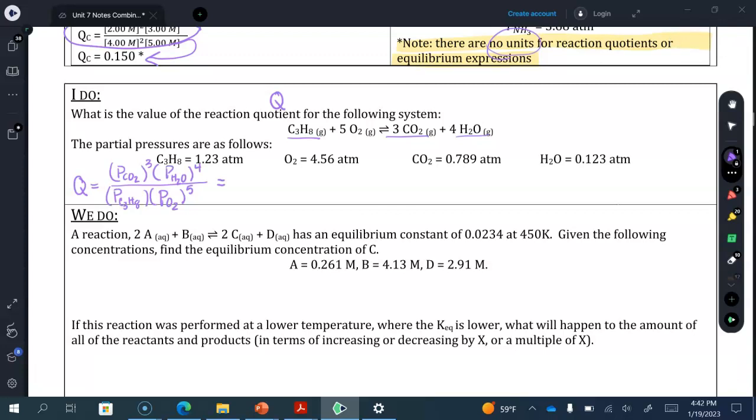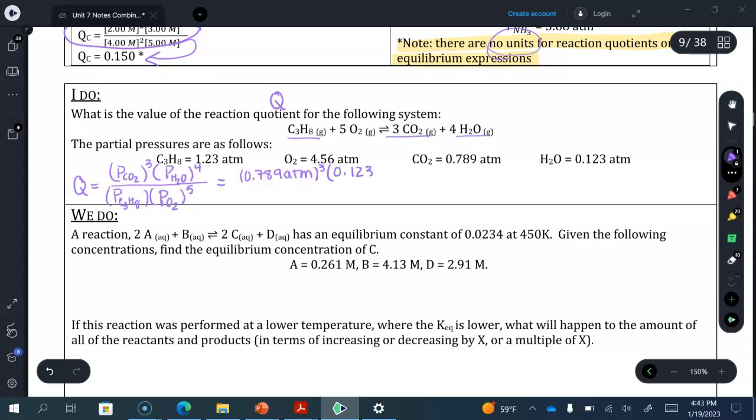So substituting in for CO2, we have 0.789 atm to the third power times the pressure of water is 0.123 atm to the fourth power, all over the pressure of propane times the pressure of oxygen, and the pressure of oxygen is going to be to the fifth power.